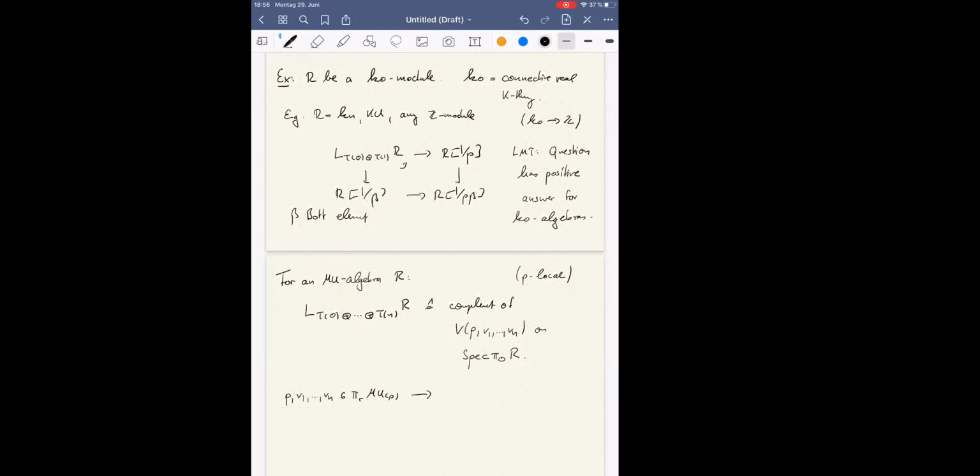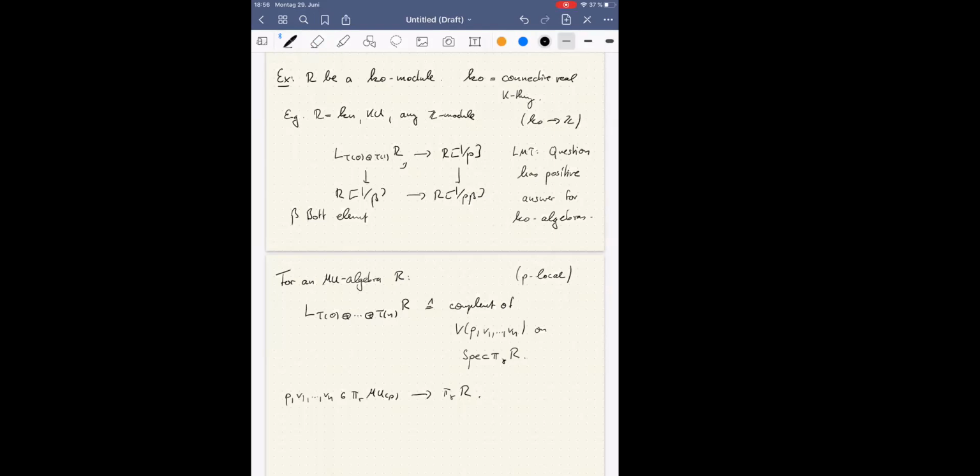So we can map them to pi star of R. So we have these elements which control the heights of ring spectra. And we can look at the complement of the common vanishing locus. This is an open subset of spec pi star of R.